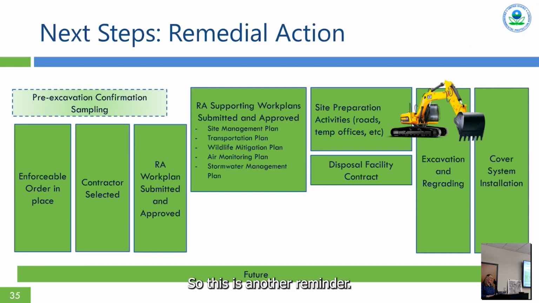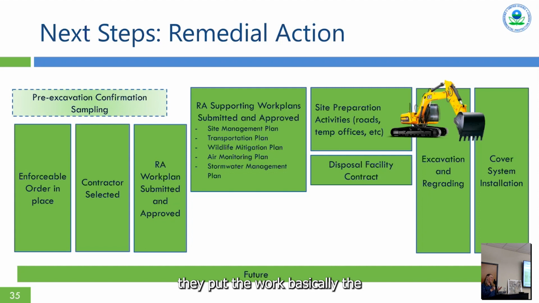So, and this is another reminder. When we get to remedial action, the first step is not bringing yellow iron to the site and starting to dig, unfortunately. We first have to have that enforceable order in place. Then the PRPs have to go through the process of selecting a contractor.